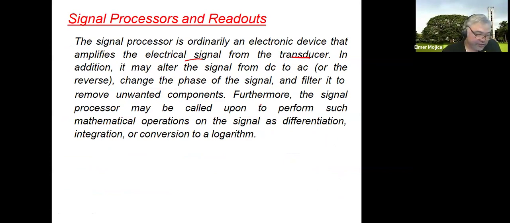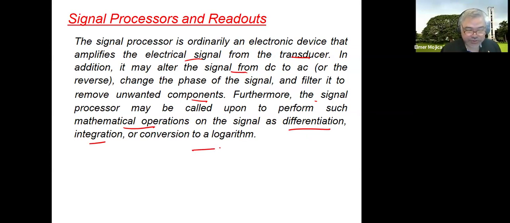It may change the signal from direct current to alternating current or the other way around, change the phase of the signal, and filter it to remove unwanted components. And the signal processor may be called upon to perform what? Mathematical operations on the signal, such as differentiation, subtracting the reading from your sample with the blank, integration, or conversion to a logarithm.